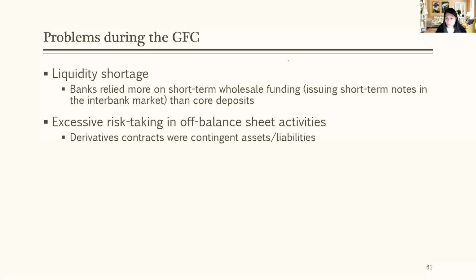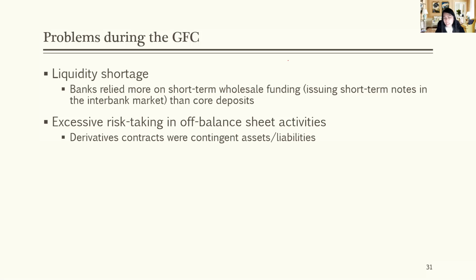And second, as we mentioned before, off-balance sheet activities were not recognized because they were contingent, okay? So for example, if you write a credit default swap, a CDS, and if your buyer does not claim against you, then you don't have to recognize that liability yet.